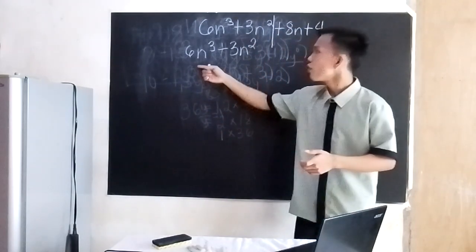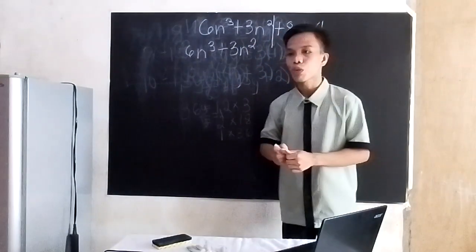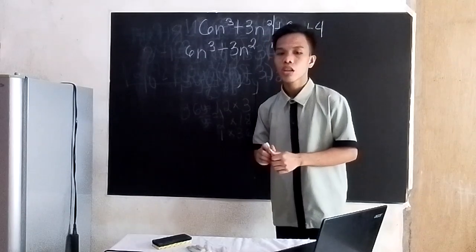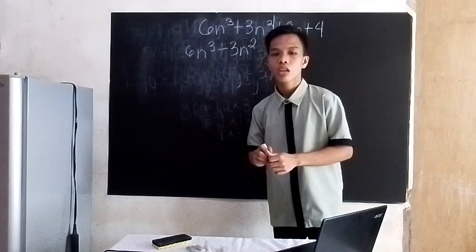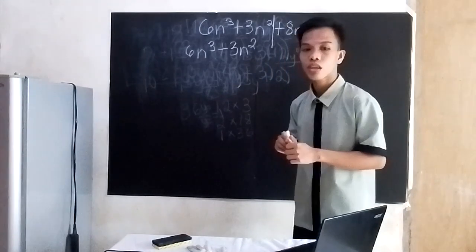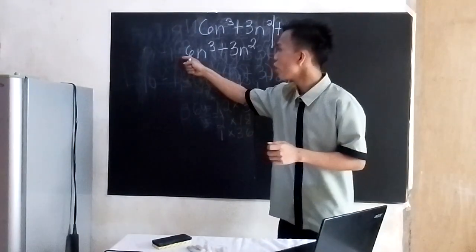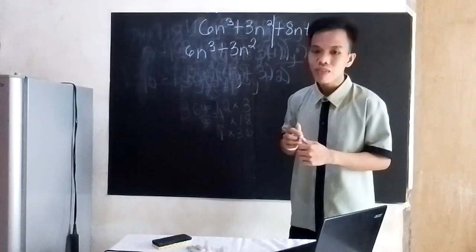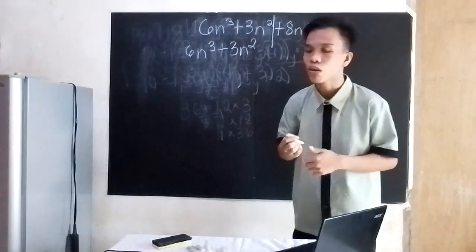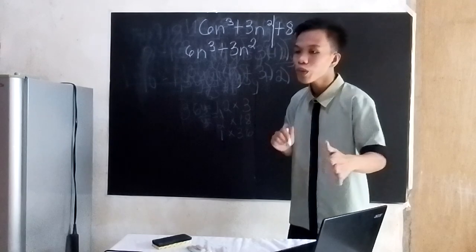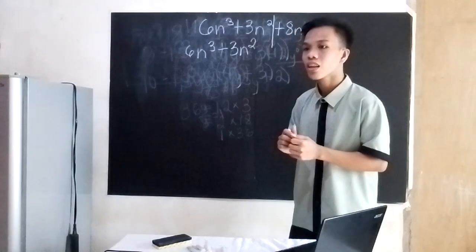So, what have you observed in the expression? Yes, Mark. That's right. They are both divisible by 3. At the same time, they have the same variable. So, what process are we going to use if we have that?